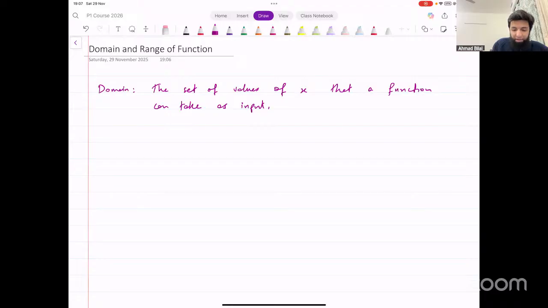And range stands for the set of values of y that a function can give as an output.